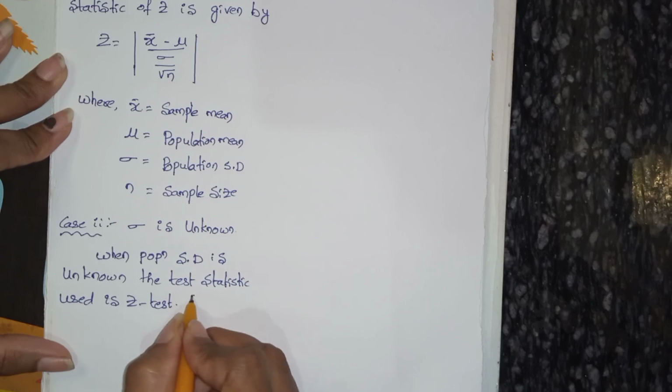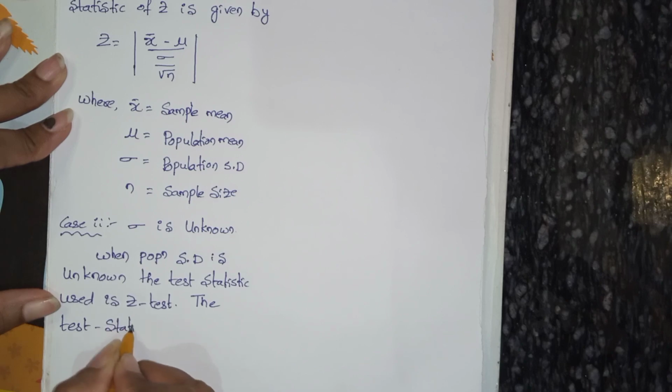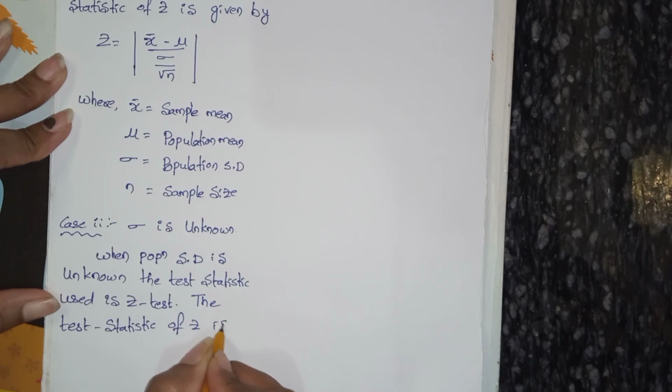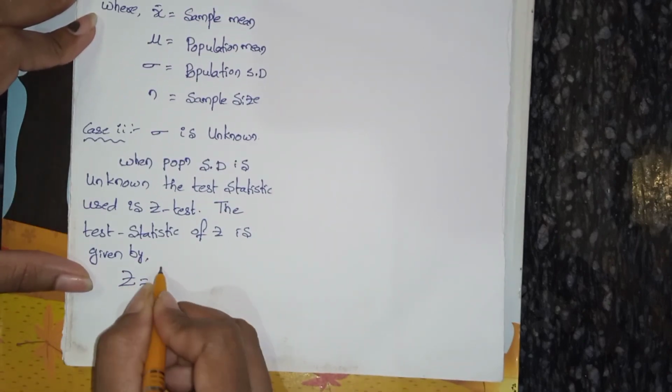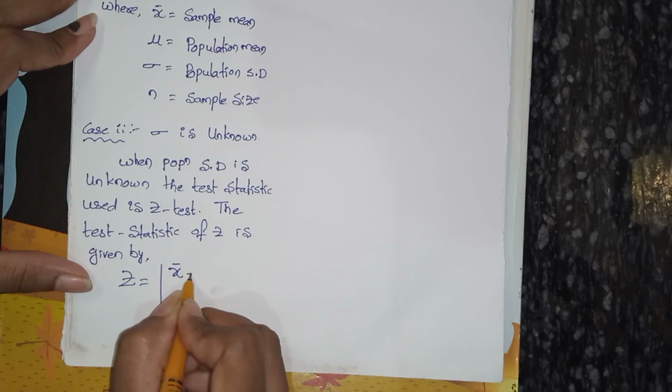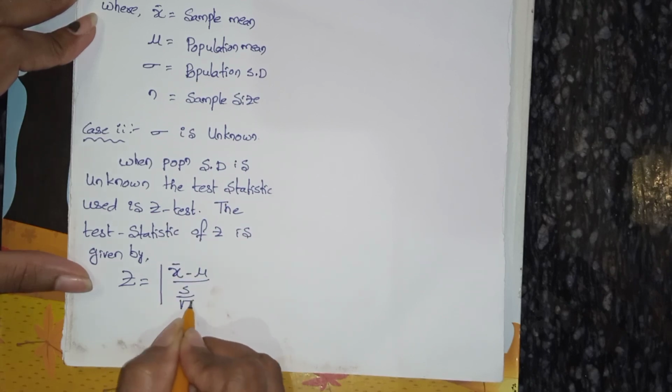The test statistic of z is given by z equals x bar minus mu by s by root n.